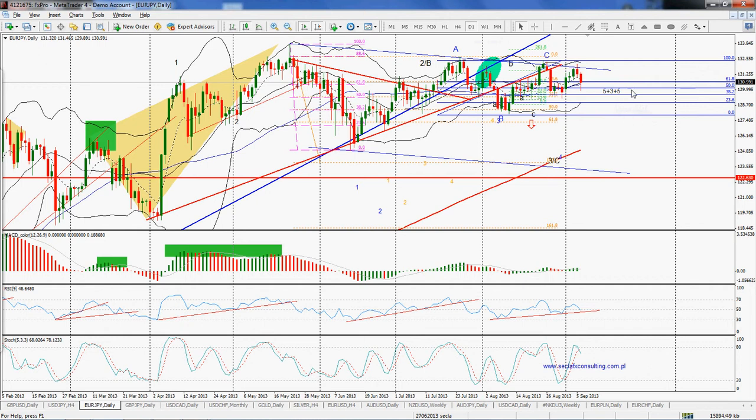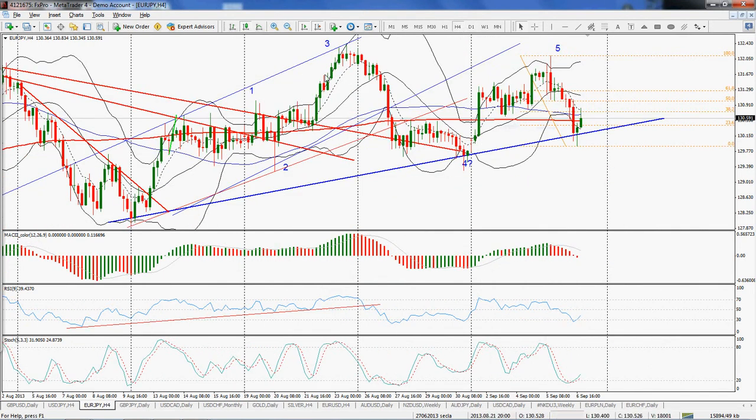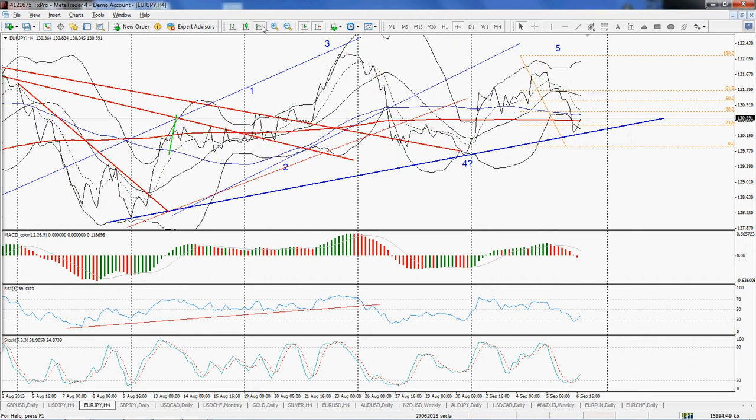Okay, so now I had a count here like 5, 3, 5. The five-wave upward movement, that was that one, that was the diagonal, and I think that had ended here with this fifth movement here, and that's the new downward movement already. There's a fifth wave, most probably 1, 2, 3, 4, 5.